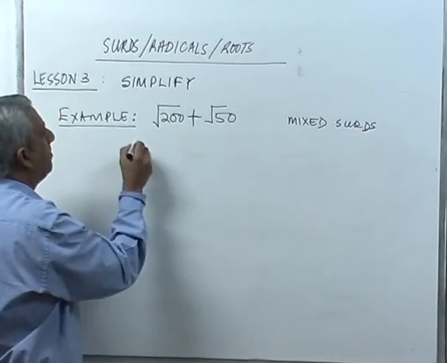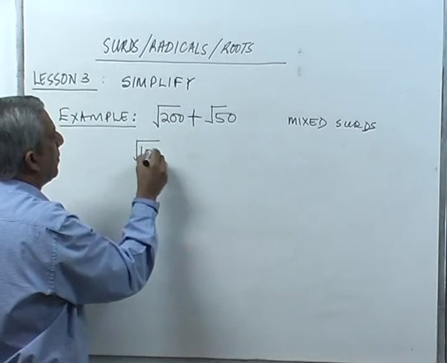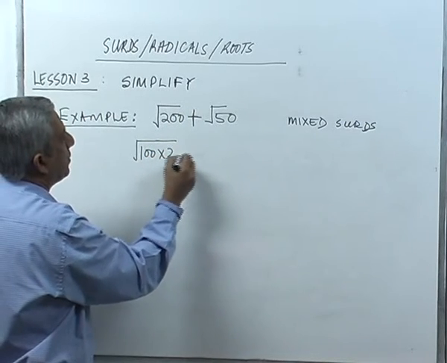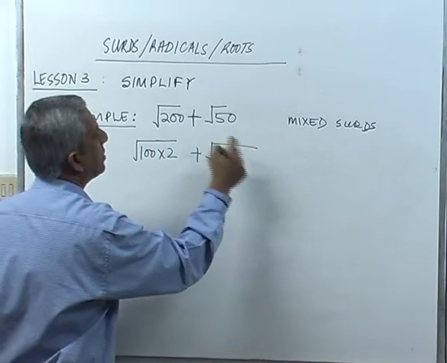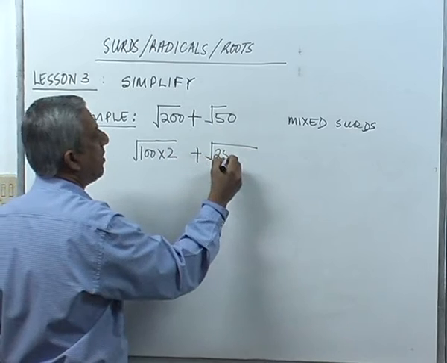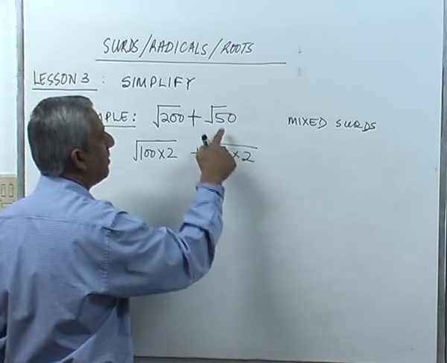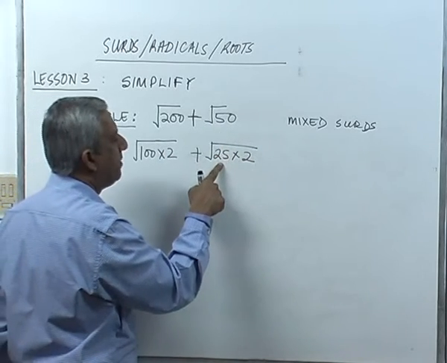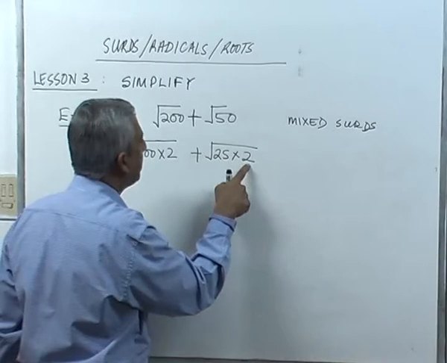So this will become square root of 100 times 2 plus square root of 25 times 2. Remember, I'm breaking that into one perfect square and another factor.